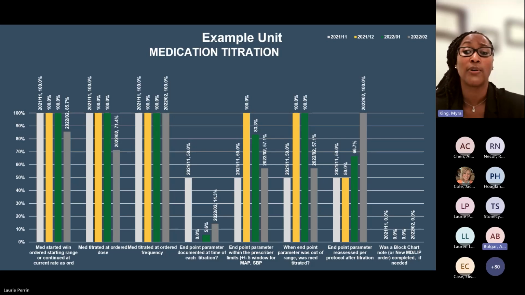However, by far, our greatest opportunity continued to be that endpoint parameter was documented at the time of each titration, as well as staying within the endpoint parameter goal. And if that endpoint parameter goal was exceeded, was the medication titration done in response to being outside of the goal, as well as that endpoint being reassessed. So we still had those opportunities that existed despite our efforts in providing tools to our nurses. Next slide, please.